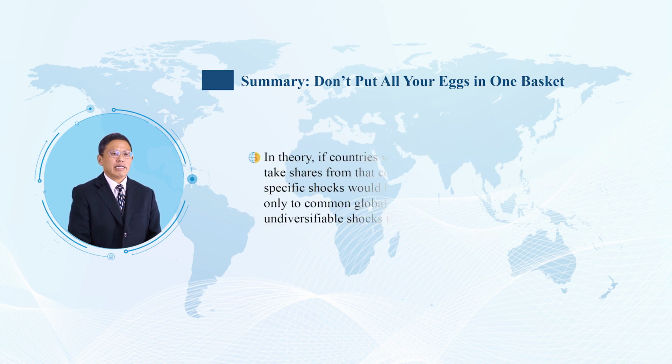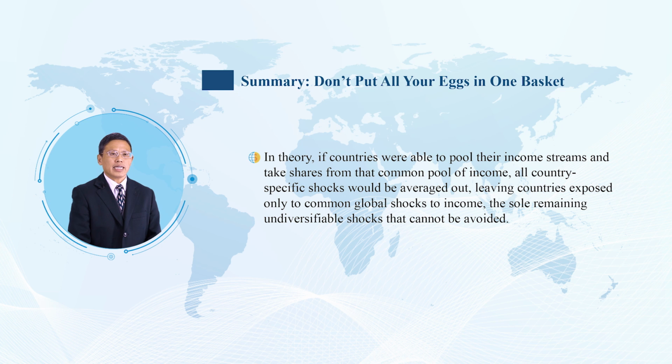In theory, if countries were able to pool their income streams and take shares from that common pool of income, all country-specific shocks would be averaged out, leaving countries exposed only to common global shocks to income. The sole remaining risk would be unavoidable shocks.